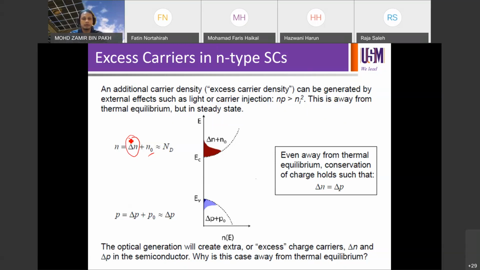On the other hand, for holes, the new density of holes will be given by the density of holes at thermal equilibrium plus excess carriers as well. And we have also discussed that when we generate excess carriers, the value of delta N and delta P will be equal.